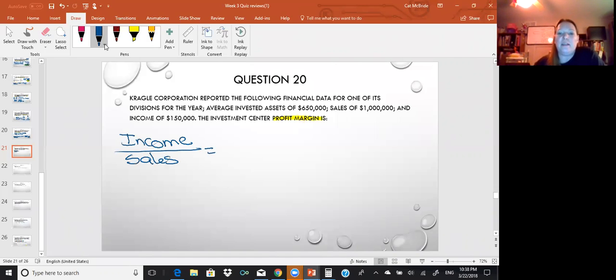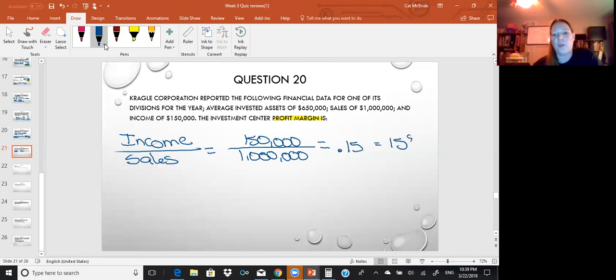Average invested assets of 650,000 don't matter. Sales of 1 million, so we'll put 1 million down here. And income of 150,000. So our profit margin is 0.15 or 15%.